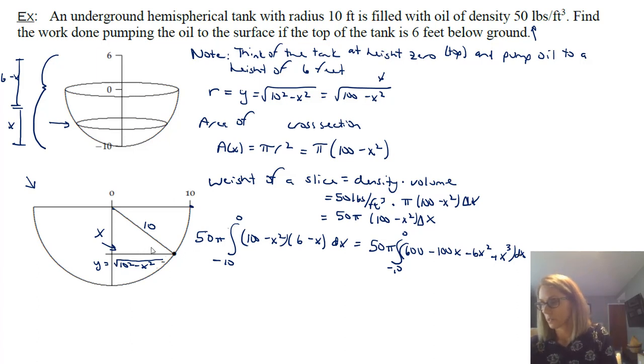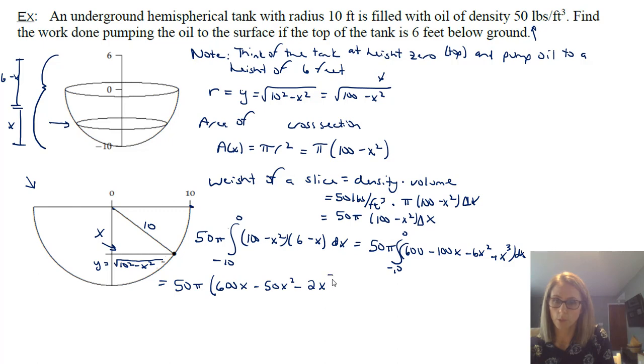And so now I'm basically just ready to integrate it and then just evaluate it, and then we'll be done. So 50 pi, we'll integrate that with respect to x, so 600x minus 50x squared minus 2x cubed plus 1/4 x to the 4th, and that is being integrated from -10 to 0.